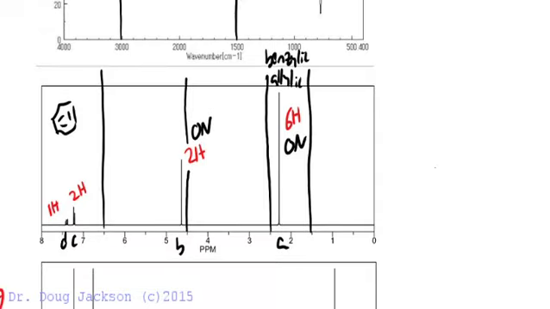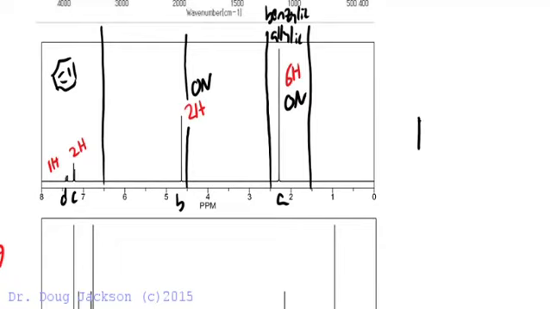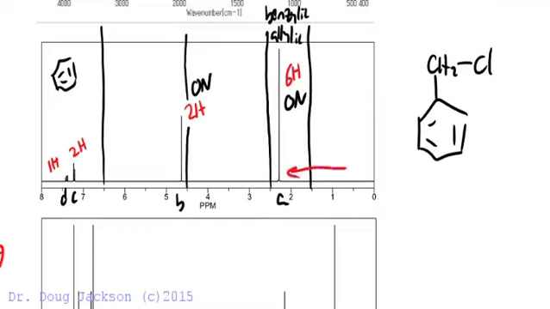So what we eventually come to is that we have to have the CH2 both next to the benzene ring, and it also must be bonded to the chlorine. So these guys, 0 neighbors, deshielded way down into the vinyl region, but actually it's just an effect of shifting to allylic, and then also next door to an electronegative element shifts them even more. And so our protons labeled B here are in this arrangement.